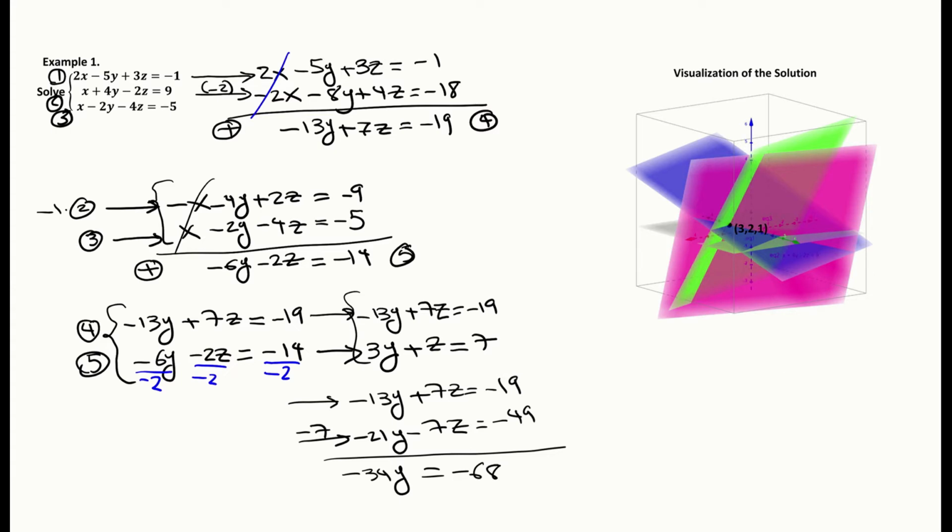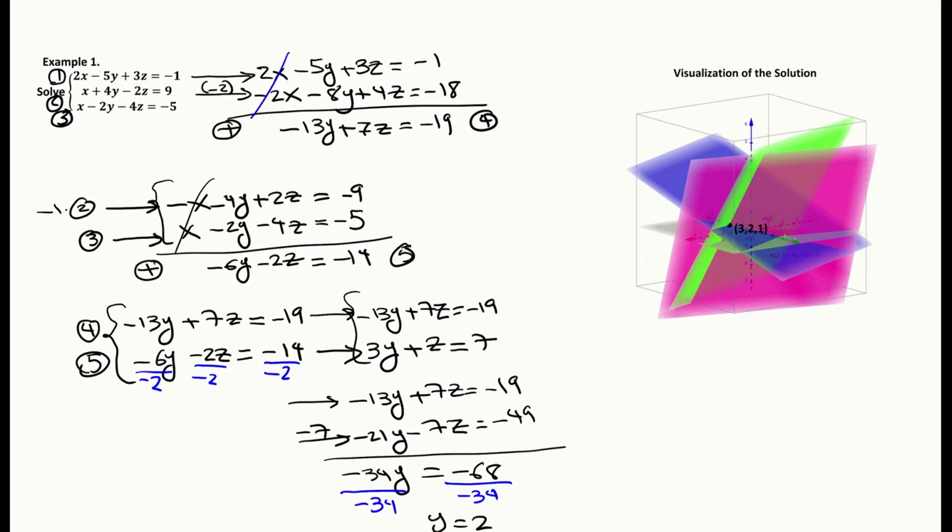Then we go ahead and divide both sides of that equation by negative 34, and we end up with y equals 2.